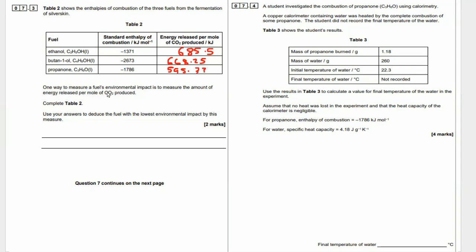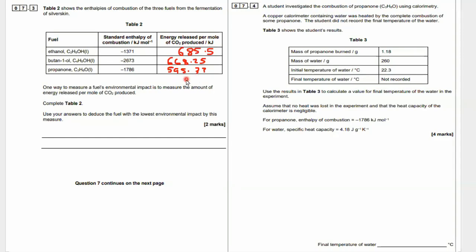So now it says one way to measure a fuel's environmental impact is to measure the amount of energy released per mole of carbon dioxide produced. Complete table 2. Use your answers to deduce the fuel with the lowest environmental impact by this measure. Well, which one has got the lowest environmental impact? A lot of people might go for this one and say, oh, well, less energy is given out.